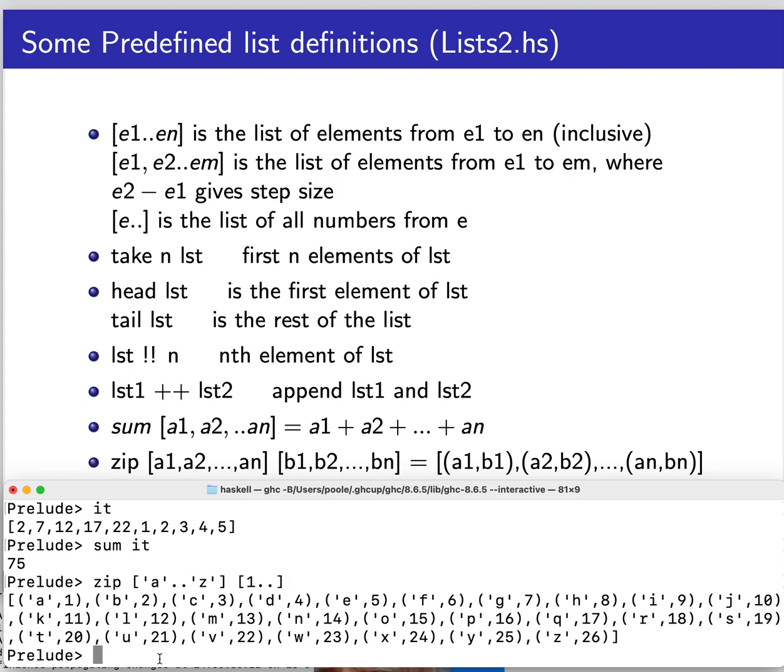And I can do zip of [0..1024] with the list of all the characters. It turns out that's the ASCII characters. I get the list of all of them. I don't know what the first 1024 is.